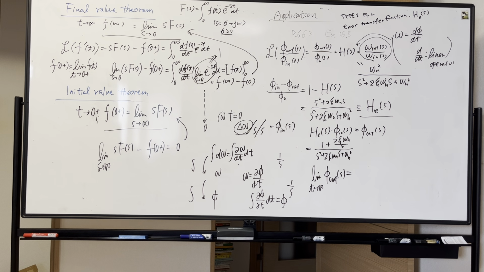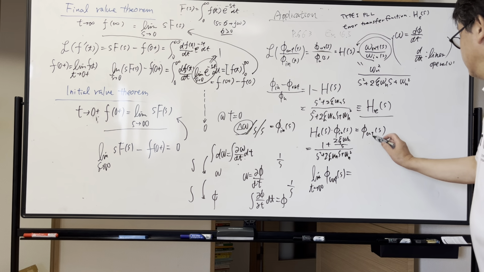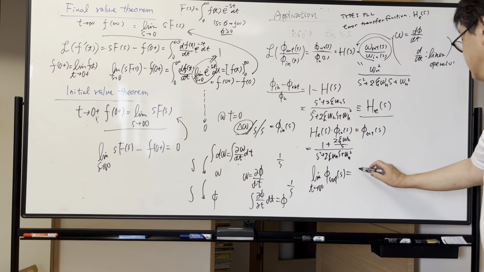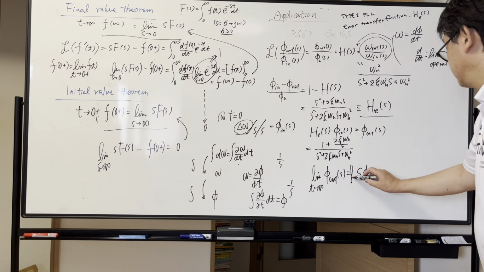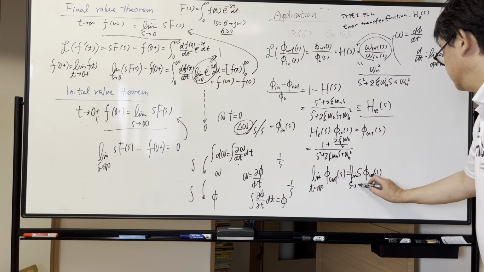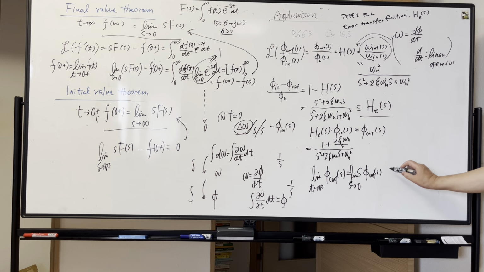It is just s times phi out with s approaching 0, which is s plus 2 zeta omega sub n divided by s squared plus 2 zeta omega sub n s plus omega n squared.